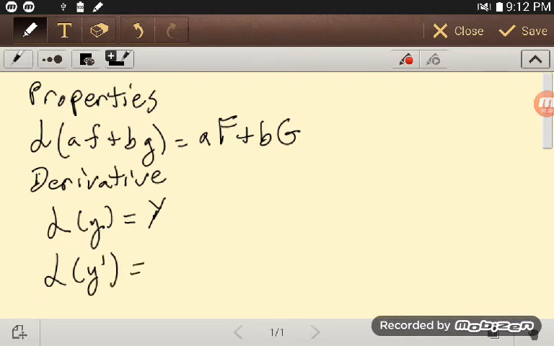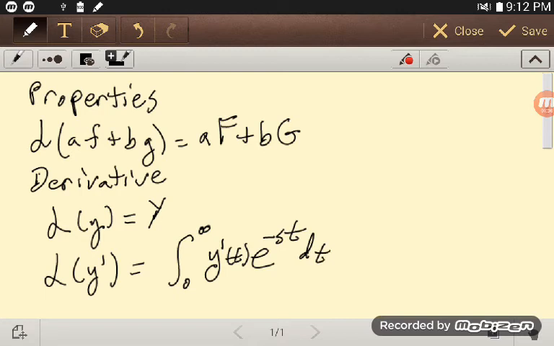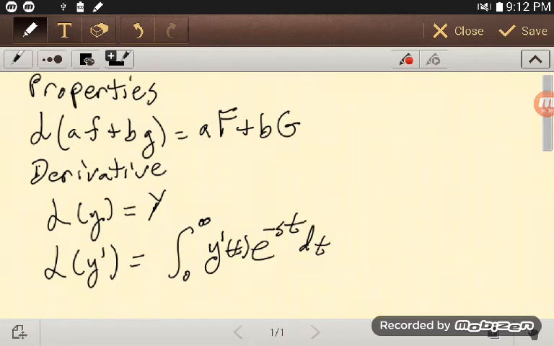By definition, that's going to be the integral from 0 to infinity of y prime of t e to the negative st dt.